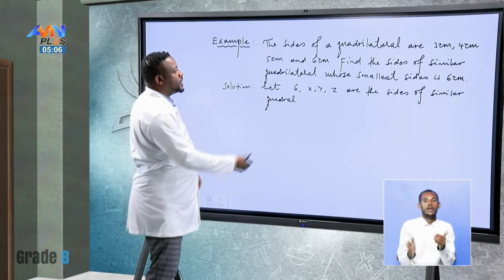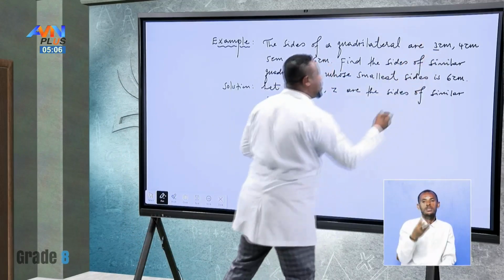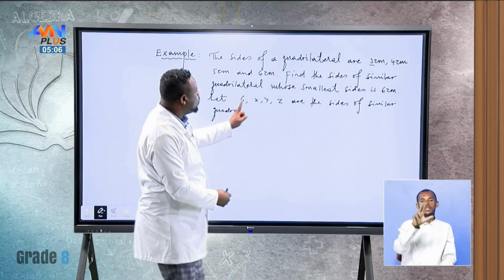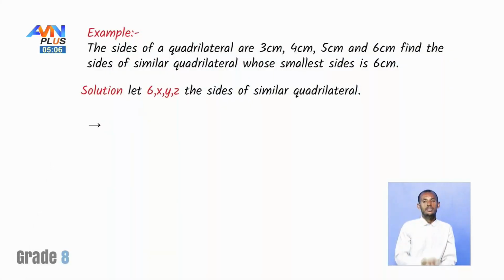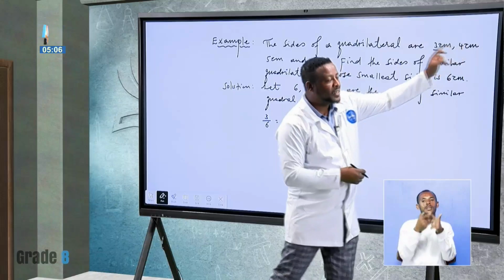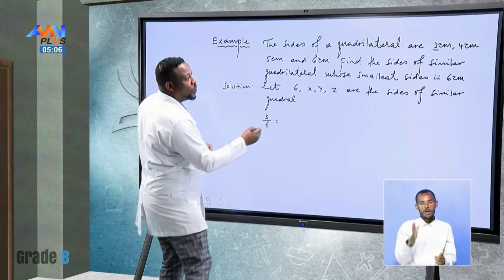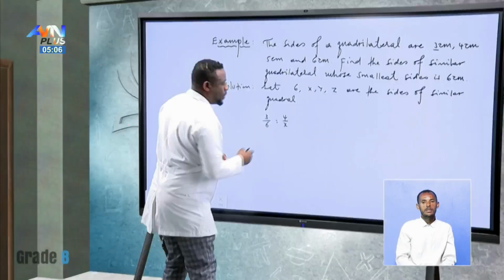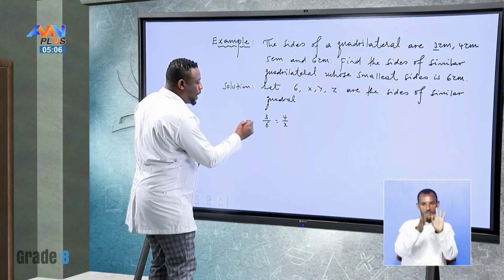So that means the smallest one here is 3, okay? 3 over the smallest one here, which is 6. 3 over 6 must give us the ratio of the second side by the second side of the unknown quadrilateral. So this becomes 4 over x, okay? So by definition, you will have this ratio.